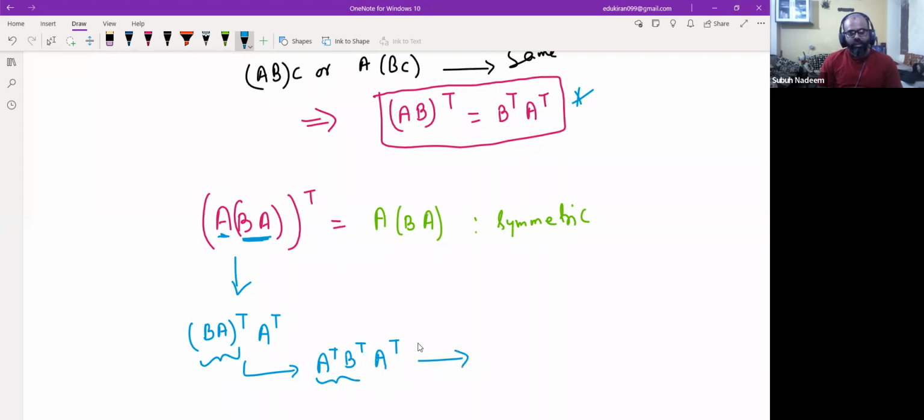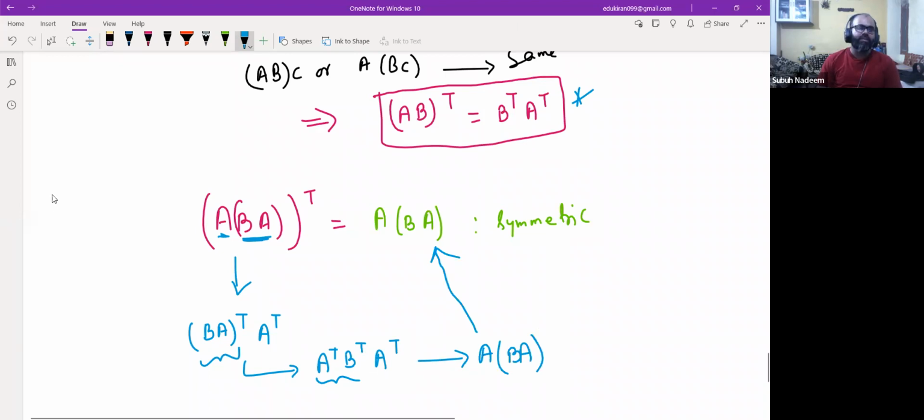And then since A and B are symmetric, A transpose can be written as A, B transpose can be written as B, and A transpose can be written as A. Now it is associative, so you can put the bracket here also. So you get this. So finally you got that it is symmetric. Anyone having any issue?